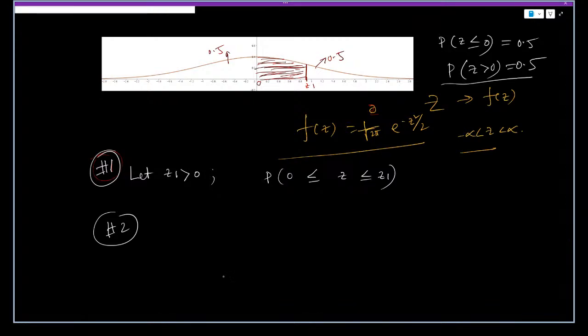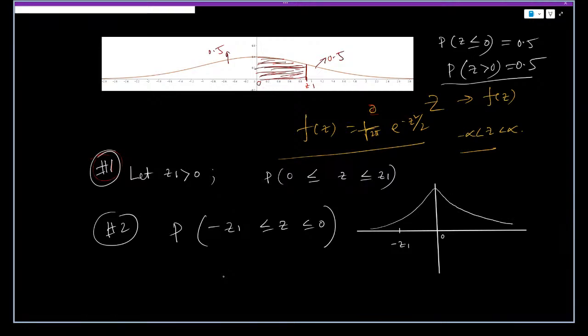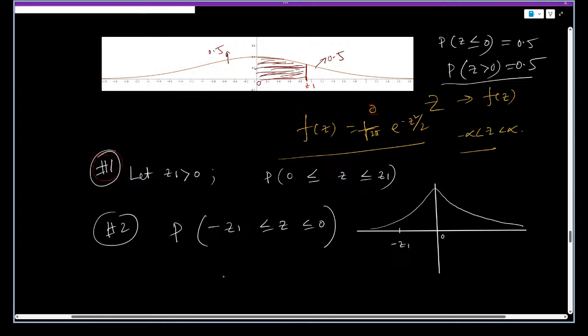Now, if you want to write the probability of the event P(−Z1 ≤ Z ≤ 0), minus Z1 lies here, and minus Z1 to 0 means this area.